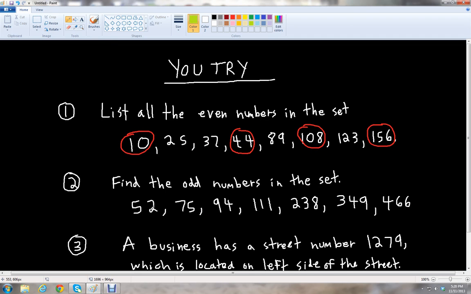So 52, no. 75 ends in 5, so that's yes. 94, no. 111 ends in 1, so yes. 238, no. 349, yes, that ends in 9. 466 ends in 6, that's even, so no. So we only have 3 numbers that are odd in this set: 75, 111, and 349.